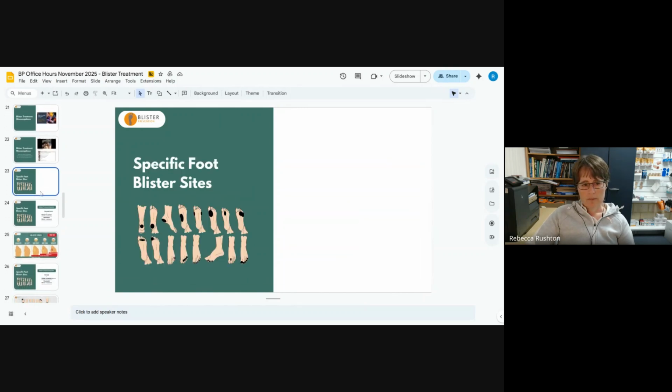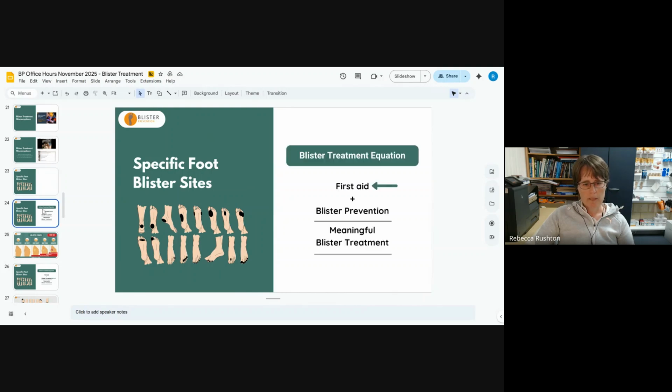All right, so let's have a look at specific blister sites and how treatment is going to play out. So these are all the areas that we can get blisters on our feet. How is first aid going to be different at all of these different blister locations? It's not going to be really any different. We're still going to need to put an antiseptic on all of them if they're torn or de-roofed, and we're still going to need a dressing on them.